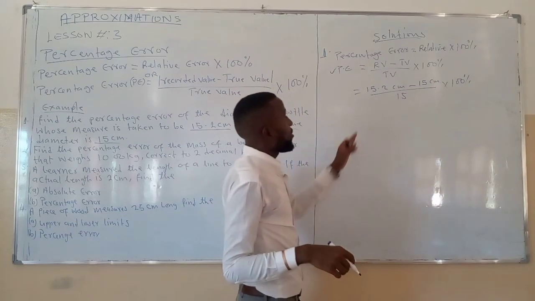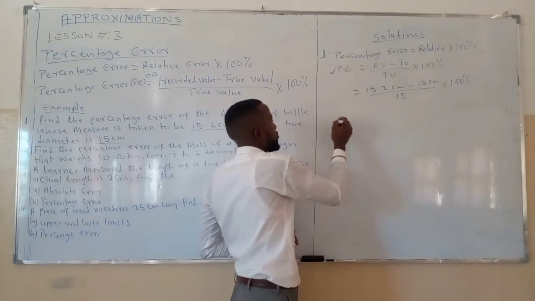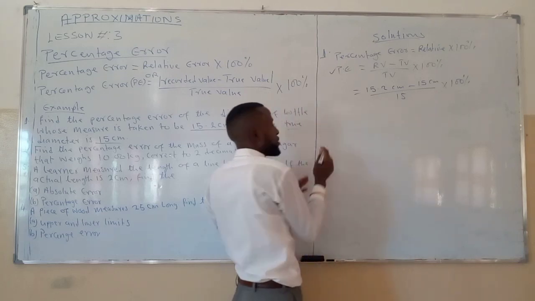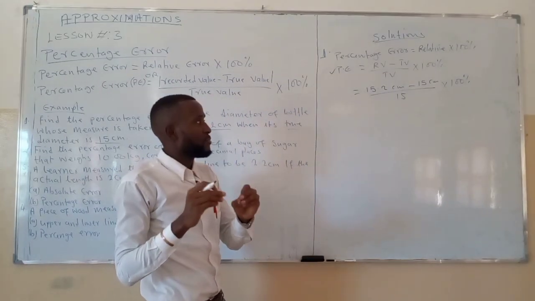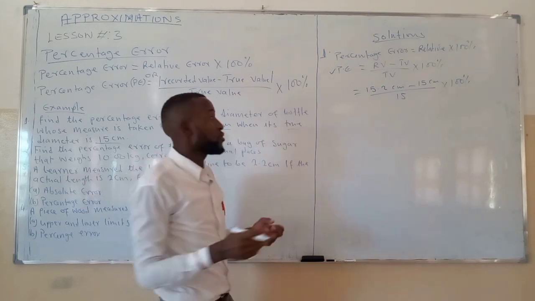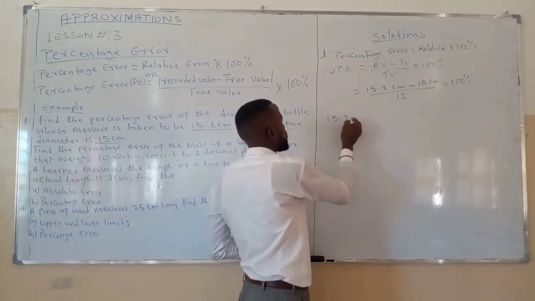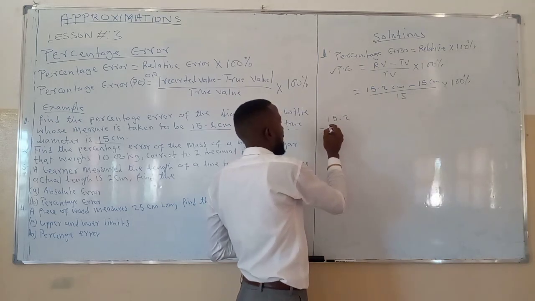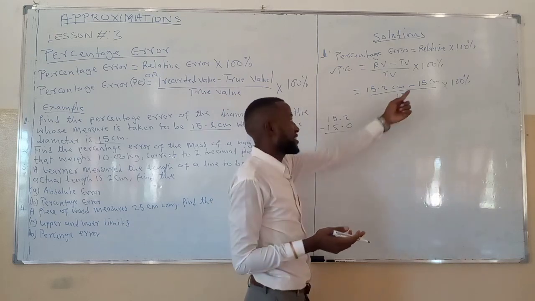Now what we need to do is simply simplify this. Remember, these are paper 1 examination questions, so you don't use a calculator here. We say 15.2 minus 15.0. The 0 we just include because 15 is a whole number.